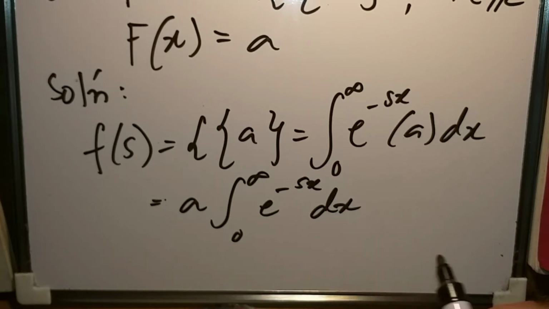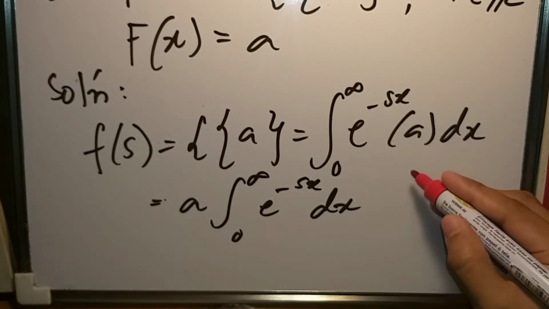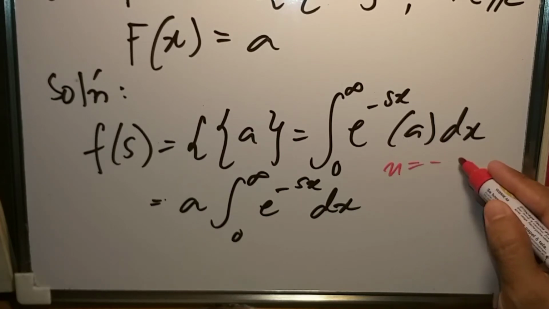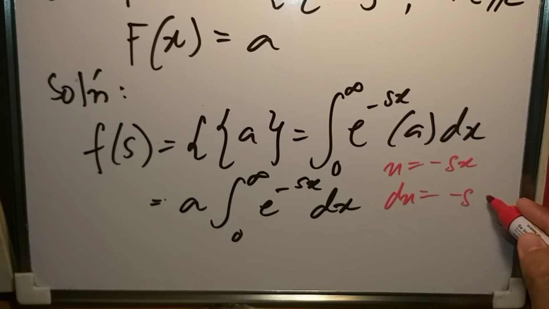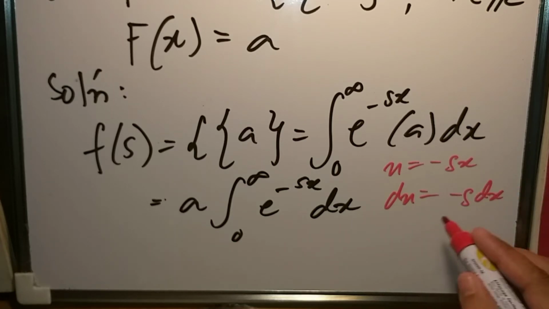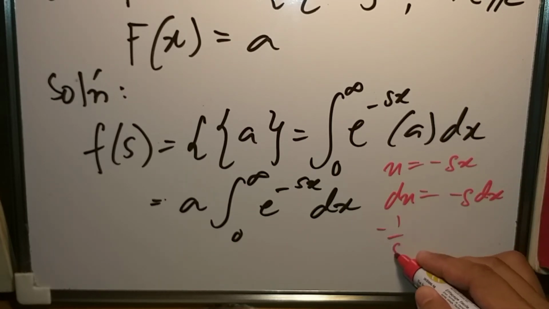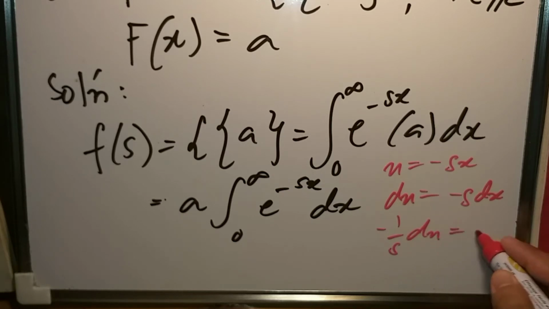Now to integrate this, we will use the substitution method. We let u be minus sx, du be minus s dx, so minus 1 over s du is dx.